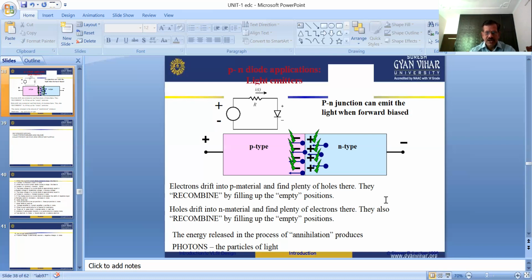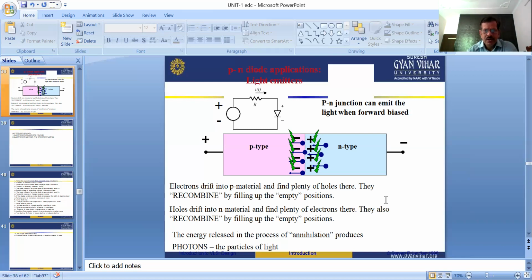So this is the very important role of the PN junction diode in rectification. This is the main application of the PN junction diode.